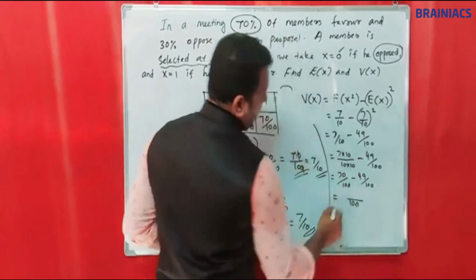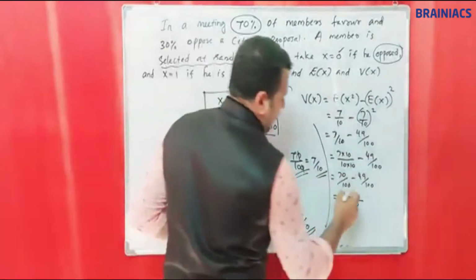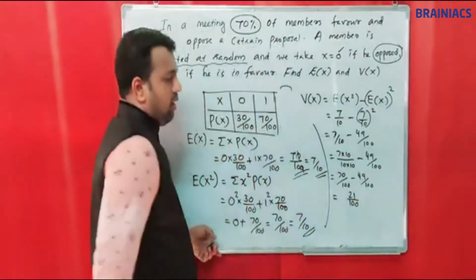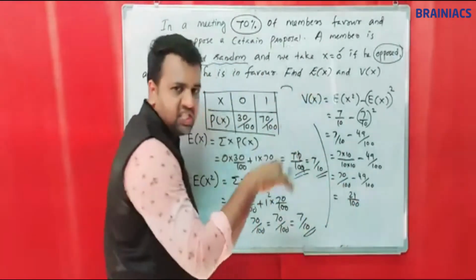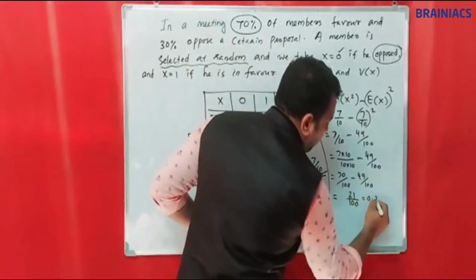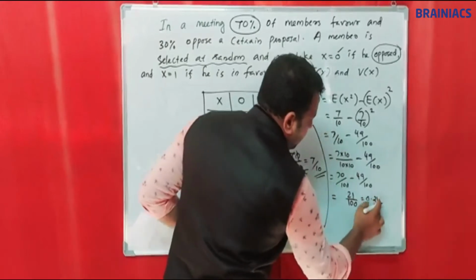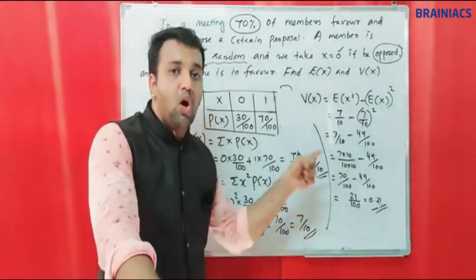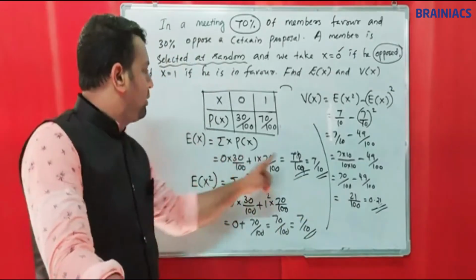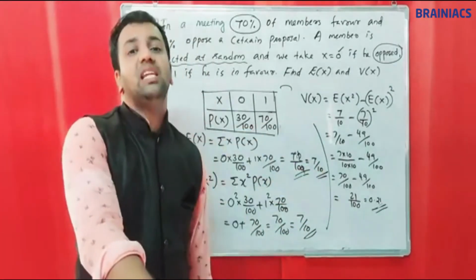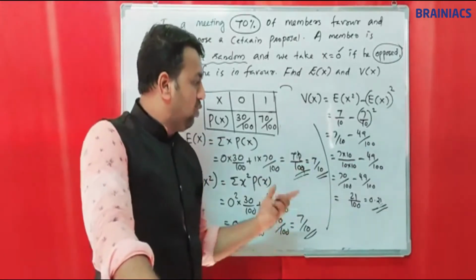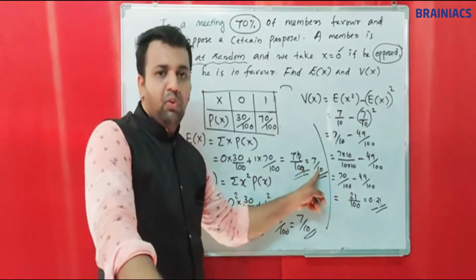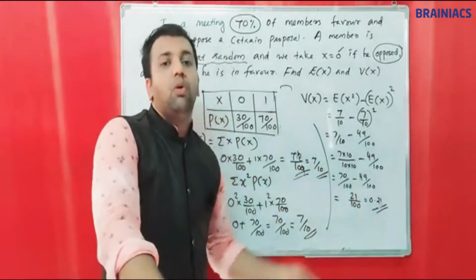The answer has 100 as the common denominator. 70 minus 49, the answer is 21. 21 by 100 can be written as 21 by 100 itself or 0.21 in decimal form. So the answer is 21 by 100 or 0.21, and the mean is 7 by 10 or 0.7. So the answer will be written in two ways: 7 by 10 or 0.7, 21 by 100 or 0.21. Okay.